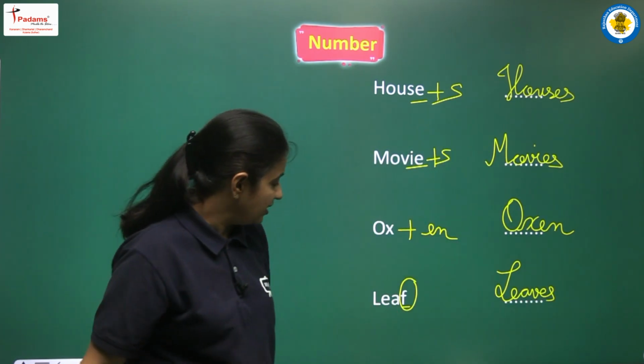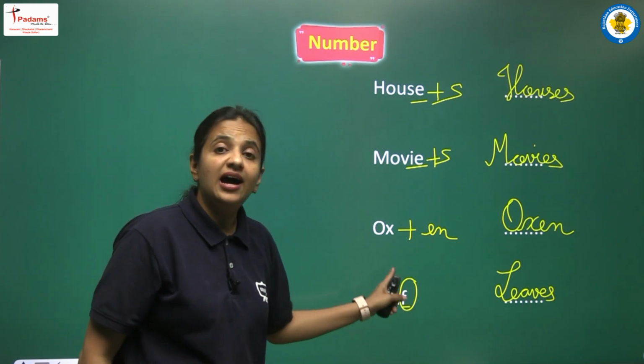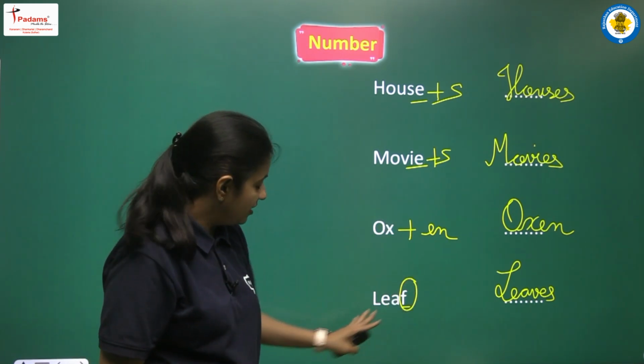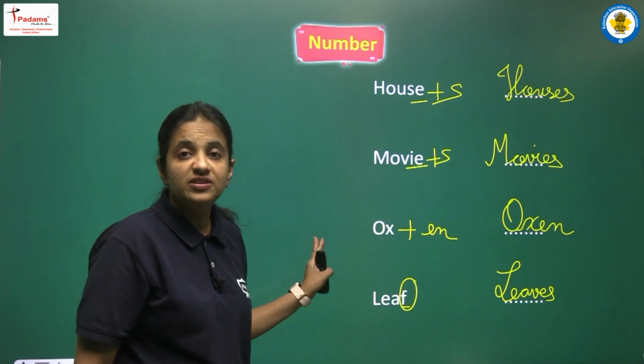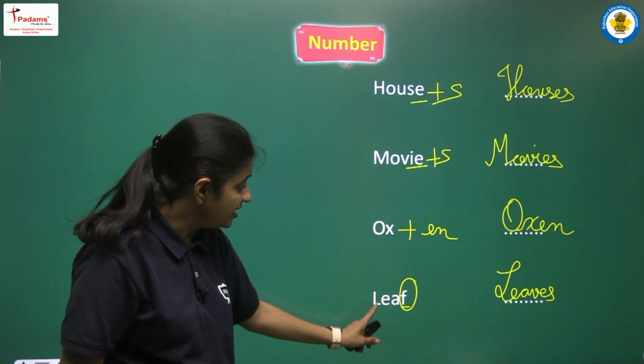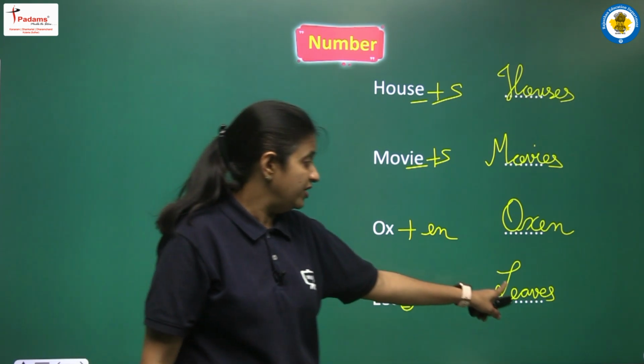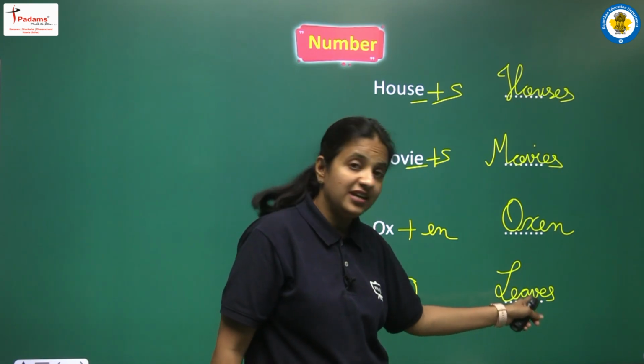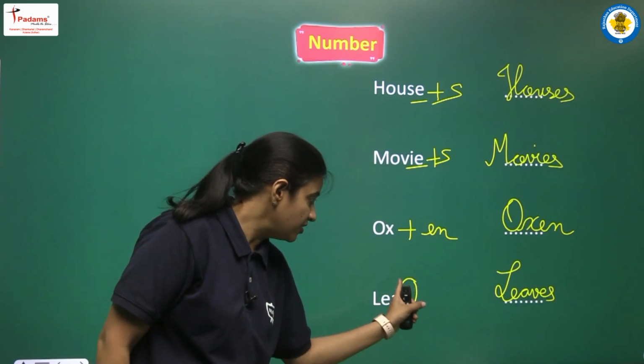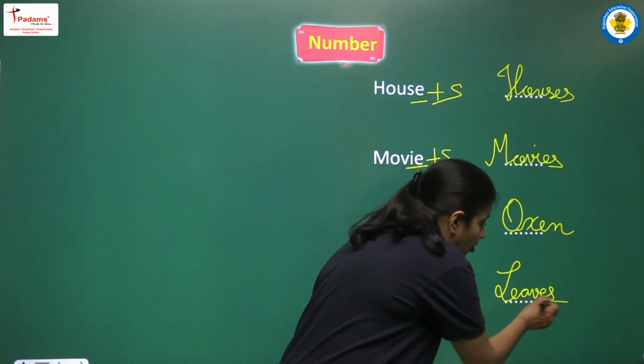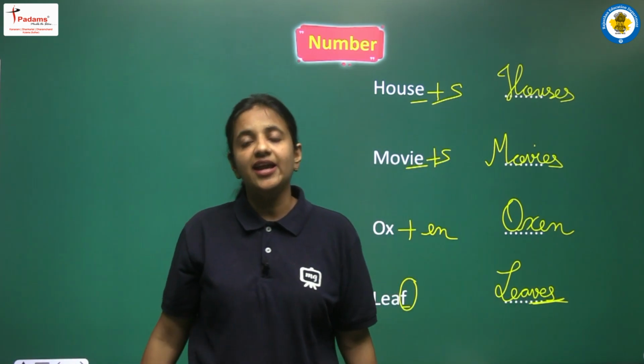Okay, so what we are doing here, we are just removing this last letter, that is F. The rest of the spelling, or we can say the rest of the alphabet, are the same. We can check here, we are having LEA, so we just wrote the same letters LEA, but in the place of F we have added VES.